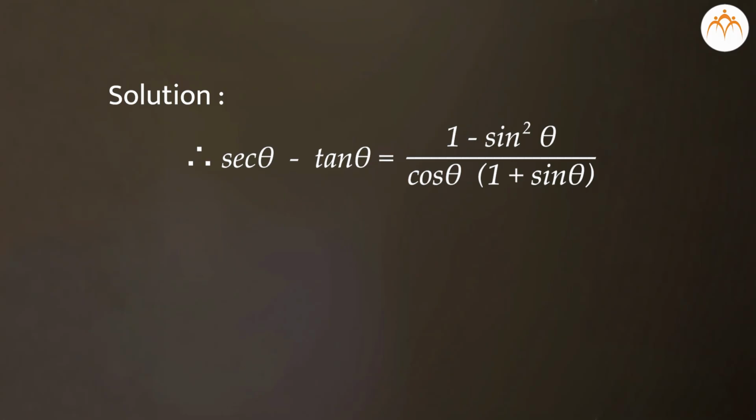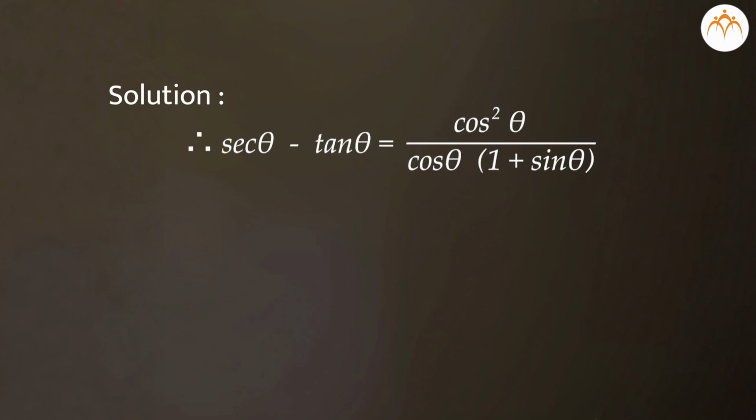Therefore, sec theta minus tan theta is equal to 1 minus sin square theta upon cos theta into 1 plus sin theta, because (a plus b) into (a minus b) is equal to a square minus b square.